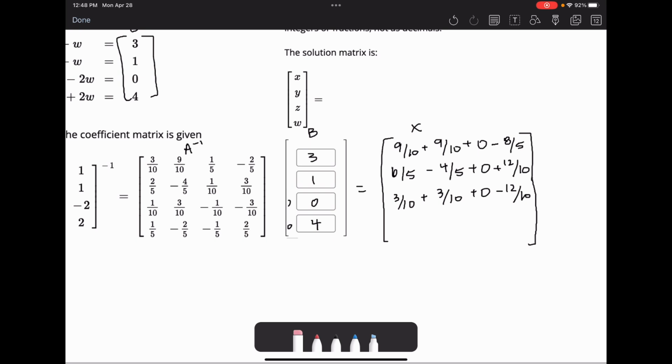Okay, 1/5, negative 2/5, negative 1/5, 2/5. Okay, 3/5 minus 2/5 plus 0 plus 8/5. Okay, so now I'm going to use my calculator to simplify all of those fractions.